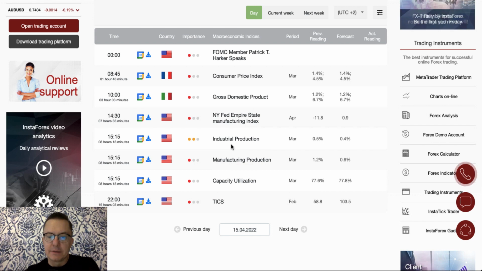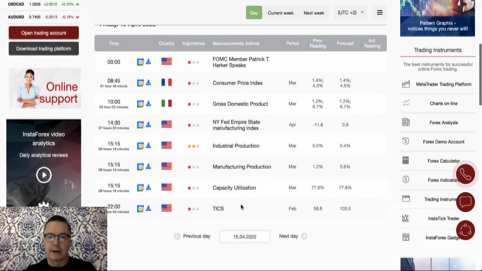We got the industrial production and manufacturing production together with the capacity utilization data. All of them are scheduled for release 3:15. And then at the end of the day we got TICS. So pretty much it looks like this day will be very low, not really market movers here.